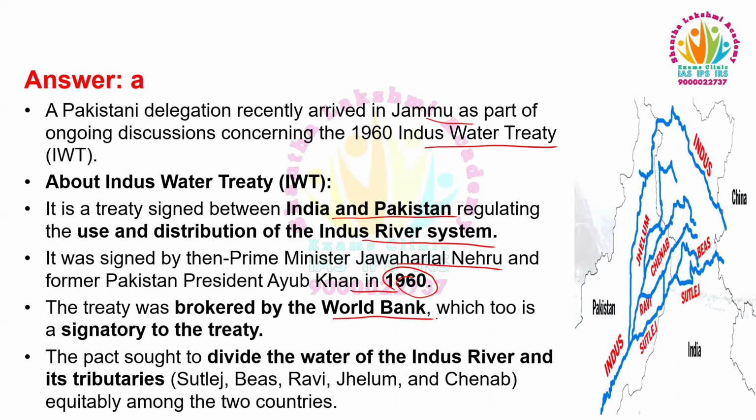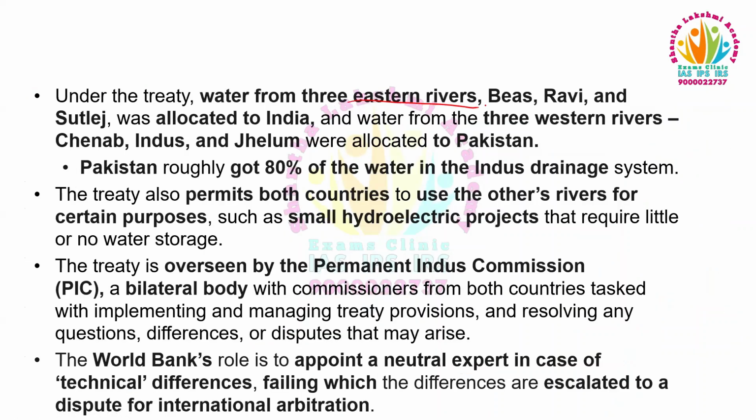The treaty was brokered by the World Bank, which too is a signatory to the treaty. The pact sought to divide the water of the Indus River and its tributaries equitably between the two countries. Under the treaty, water from three eastern rivers, Beas, Ravi and Satluj, was allocated to India, and waters from three western rivers, Chenab, Indus and Jhelum, were allocated to Pakistan.